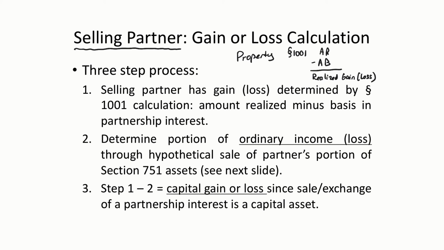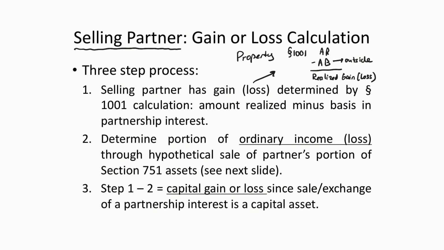That's our first step. And we have to include in there liability relief, actual cash received, fair market value of non-cash property, minus selling expenses, minus our adjusted basis in the property.